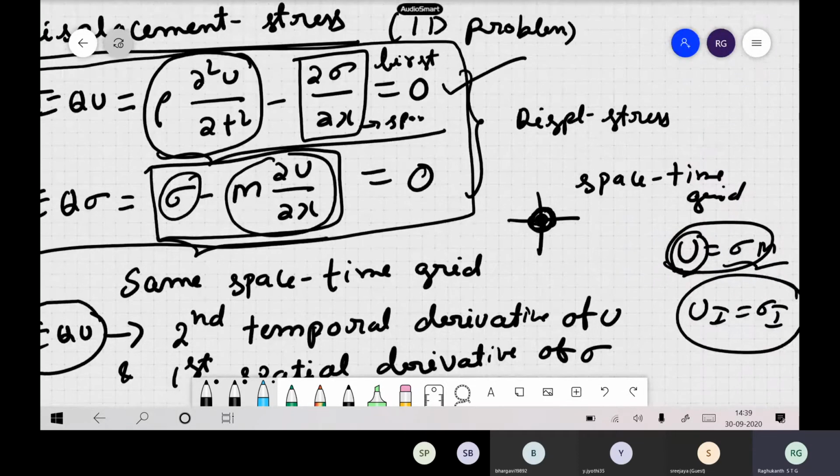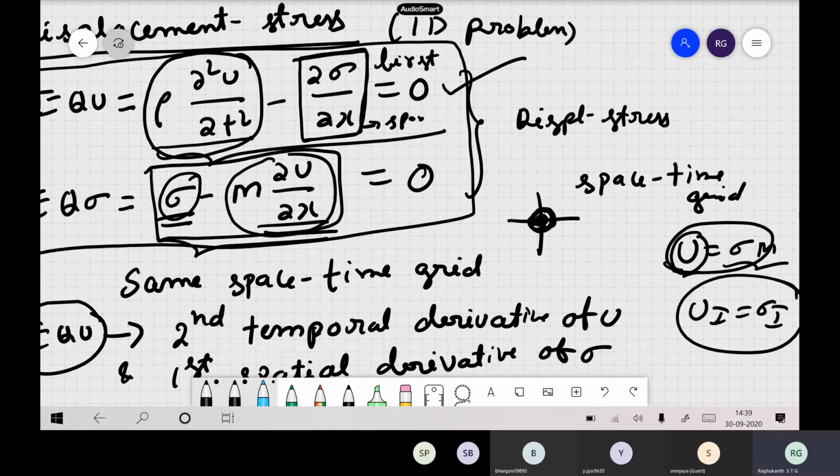At that particular point, the first derivative of stress, that is the spatial derivative of stress, and the second derivative of displacement with respect to time, these two have to be matched, not displacement and stress. At any particular point you are not linking u with sigma. The equation itself says that dou sigma by dou x and dou square u by dou t square are linked. The second equation says sigma and dou u by dou x are linked, not sigma with u itself.